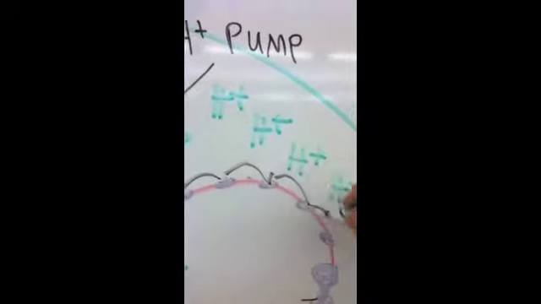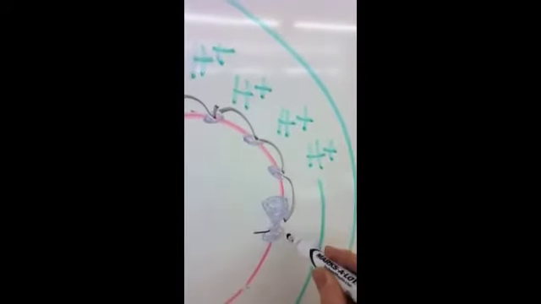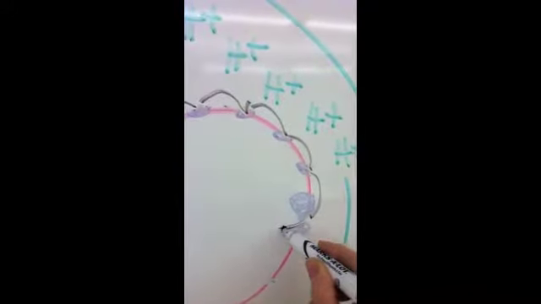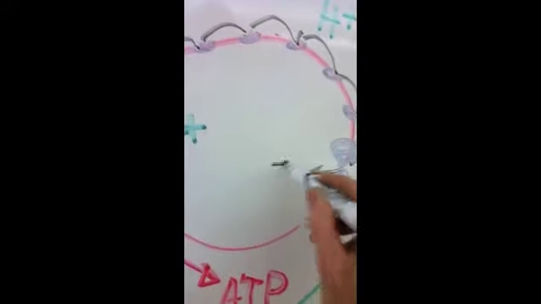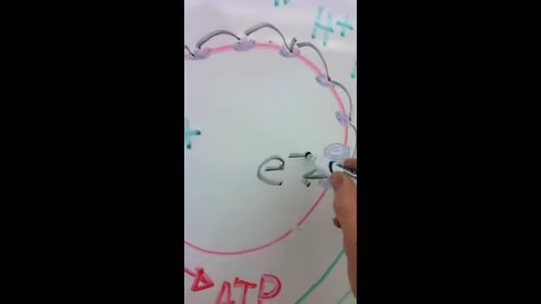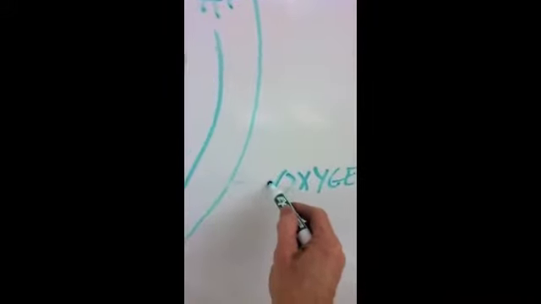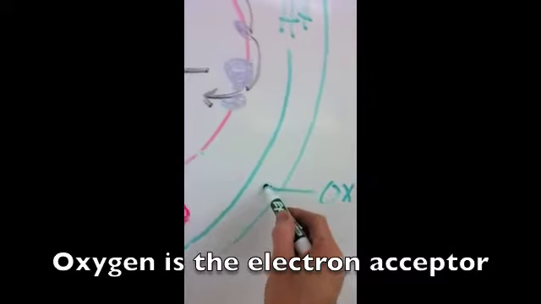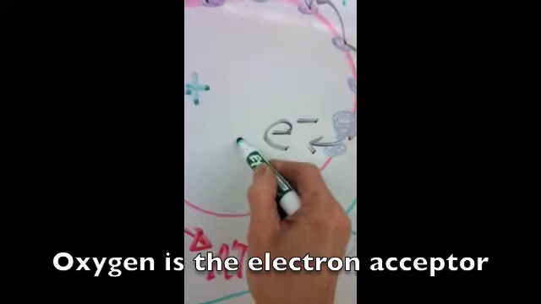Now, as mentioned before, the electrons power the H+ pump, and eventually the electrons are going to go bumpity-bump to this final membrane protein that I mentioned, and the electrons are going to be deposited inside along with the hydrogen ion. The final step is for oxygen to be brought into the cell and into the mitochondrial space.